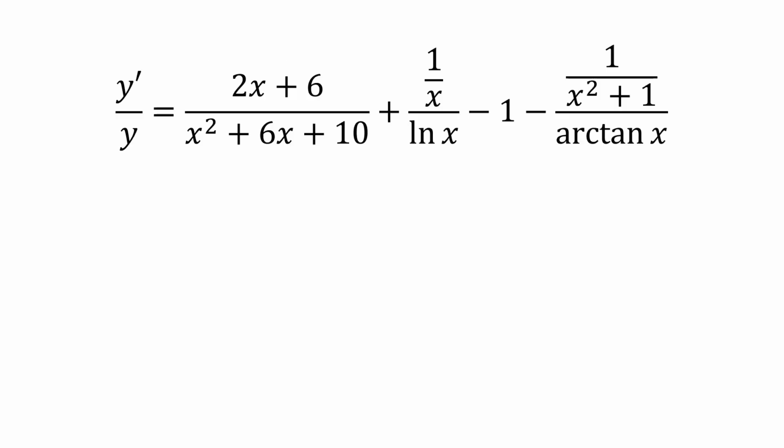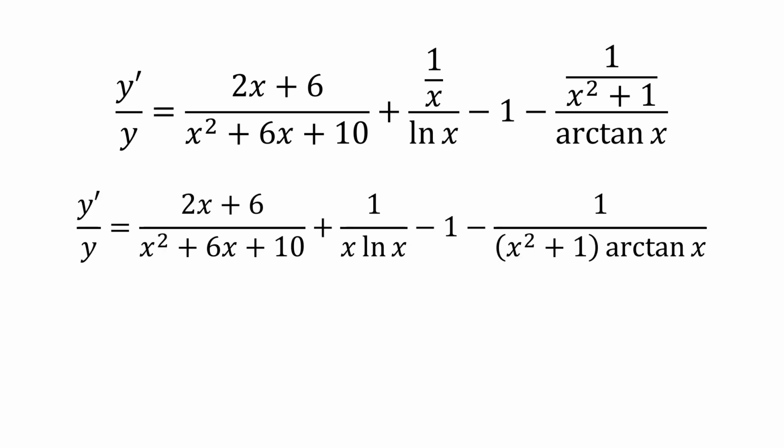To simplify the expression on the right-hand side, we multiply the second term by x over x, and we multiply the fourth term by (x squared plus 1) all over (x squared plus 1).